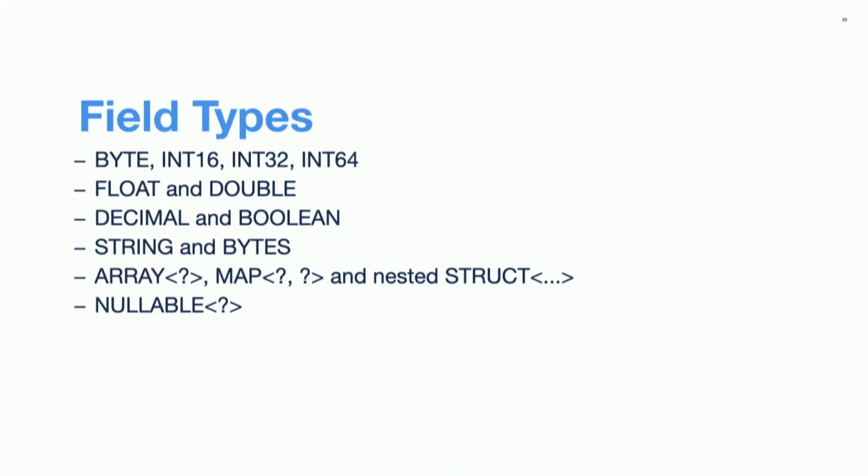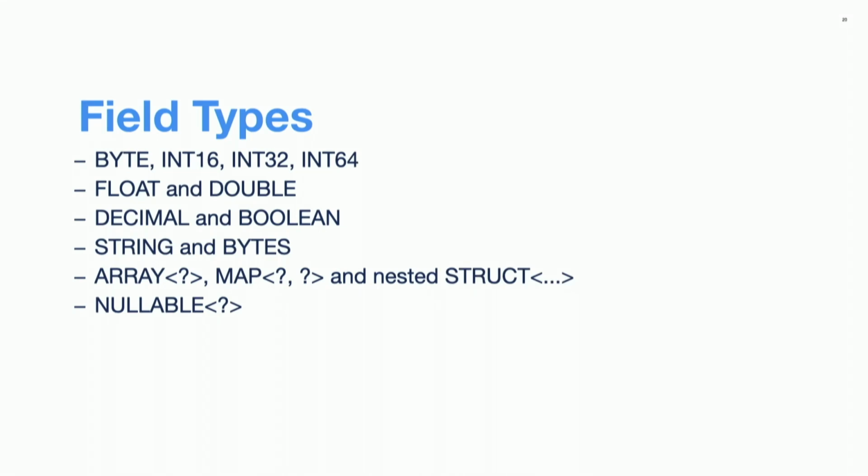It has a set of primitive types: bytes, short, long, and different sizes of integers, decimal, booleans, strings, etc. As well, it allows you to do composition. For instance, you can have an array of integers, or you can have an array of strings, as well as you can have an array of arrays of strings, etc. There are also maps where you can choose a type of key and value.